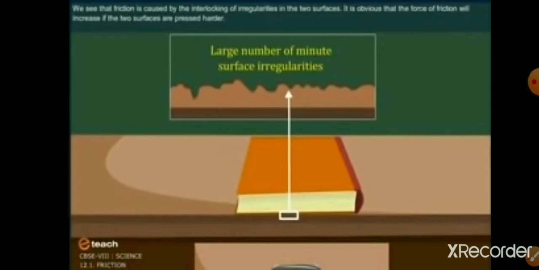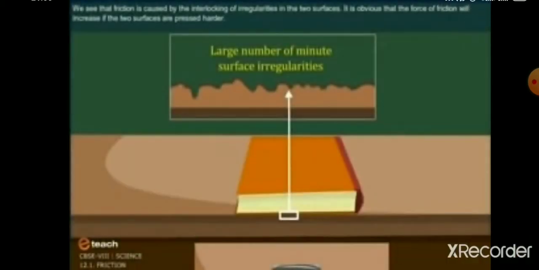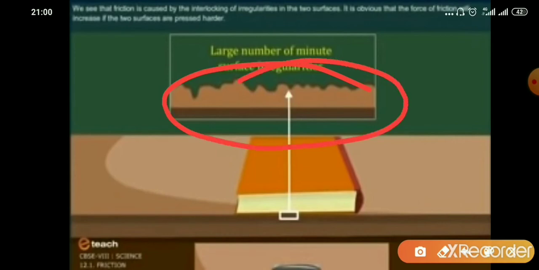So children, in the previous chapter, I already told you that whenever there are two surfaces in contact, the surfaces which are in contact with each other are interlocked. Why do they interlock? They interlock because there are large irregularities in the surfaces which interlock with each other.